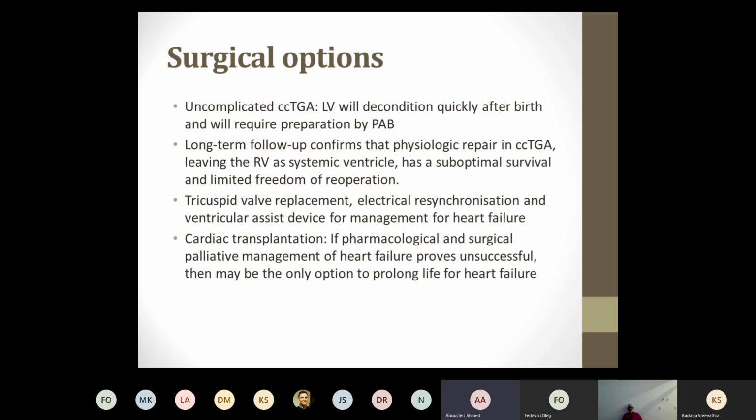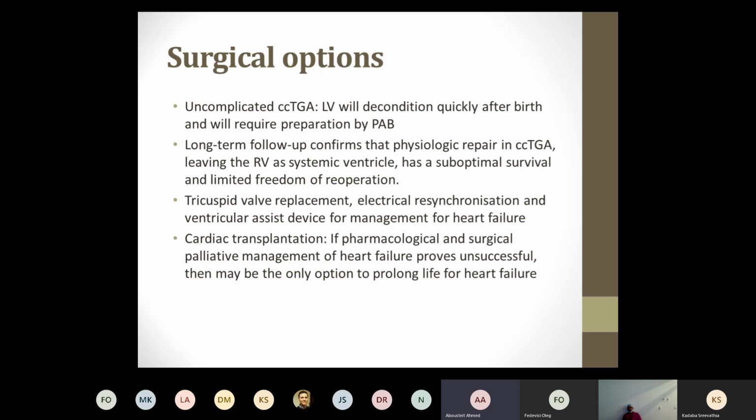The uncomplicated ccTGA LV will decondition quickly after birth and will sometimes require preparation by pulmonary artery banding. Long-term follow-up confirms that physiological repair, leaving the RV as a systemic ventricle, has suboptimal survival and limited freedom from reoperation.